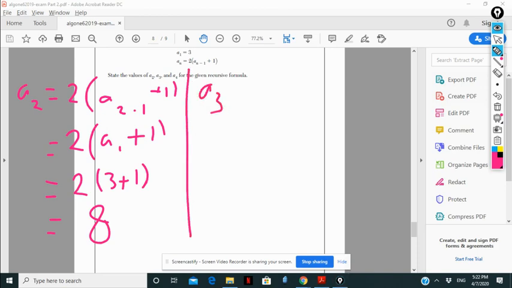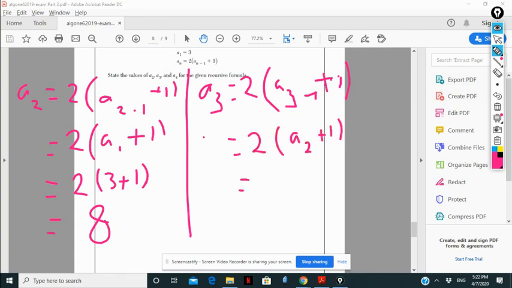A3 equal to 2 times a(3 minus 1) plus 1. So it's 2 a2 plus 1, which is 2 times 8 plus 1, which is 18.